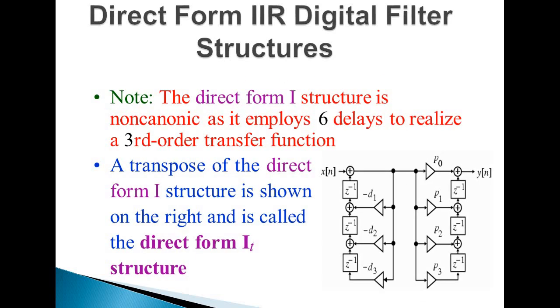The direct form 1 structure is non-canonical as it employs 6 delays to realize a third order transfer function. A transpose of the direct form structure is shown on the right and is called a direct form 1 transpose structure. That is a transpose structure. So what we have done, we took the mirror image of that, and it is called the transpose of that structure.